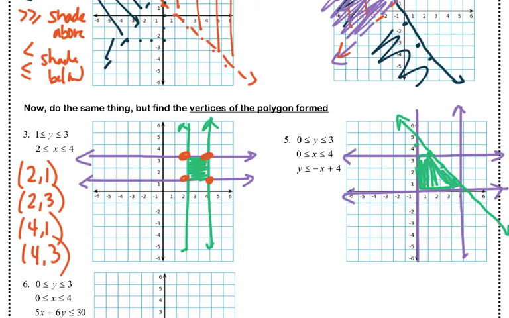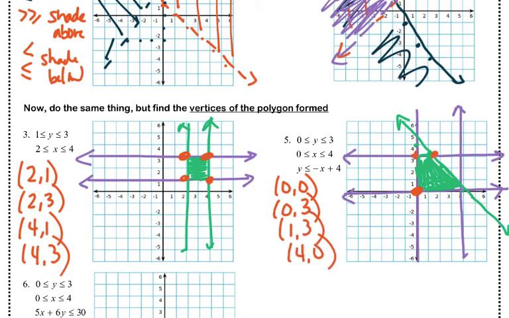So this is like a trapezoid shape. And again, it looks like I've got 4 corners, one of which is (0, 0). Looks like (0, 3), (1, 3), and then (4, 0) for these 4 corners. And we're going to use that skill with our story problems that we do next.